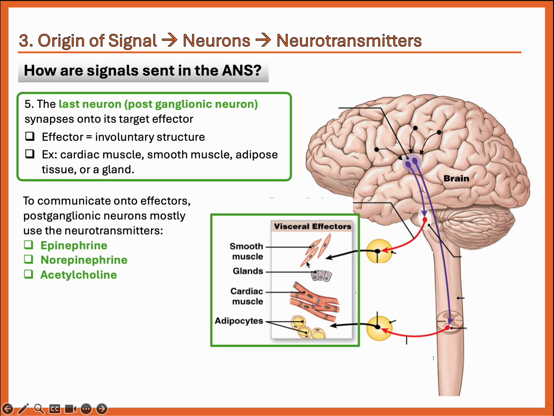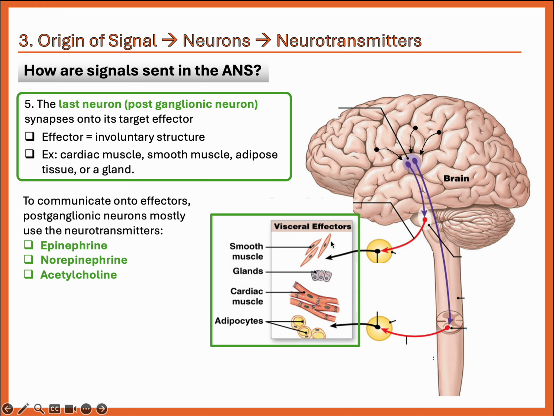It could be smooth muscle, it could be glands, it could be cardiac muscle, or it could be adipocytes, fat cells, right? Don't worry about fat cells. We don't really talk about those, but these are the things that we can control in a non-voluntary, involuntary way, right?